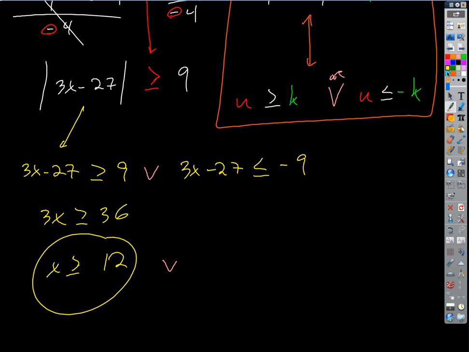Over here, if I add 27, I get 3x is less than or equal to 18. If I divide by 3, I get 6. So there it is. Either x is greater than or equal to 12, or x is less than or equal to 6. Make sense? Okay, go to it. Do some work.